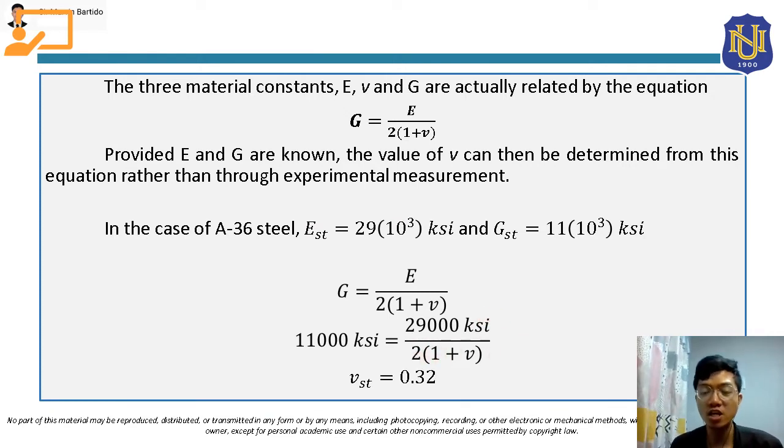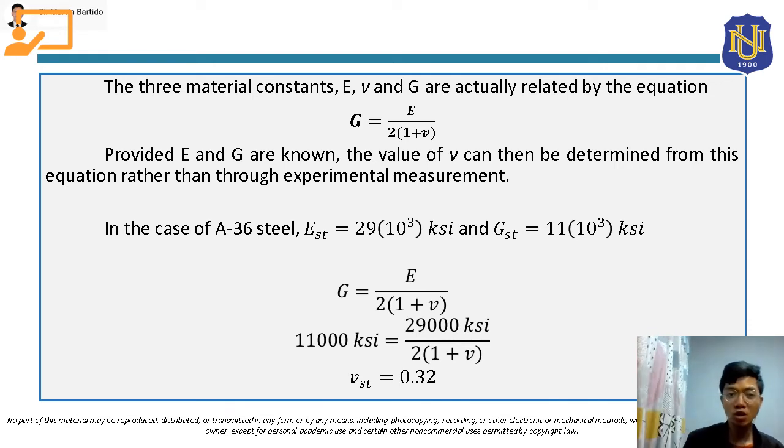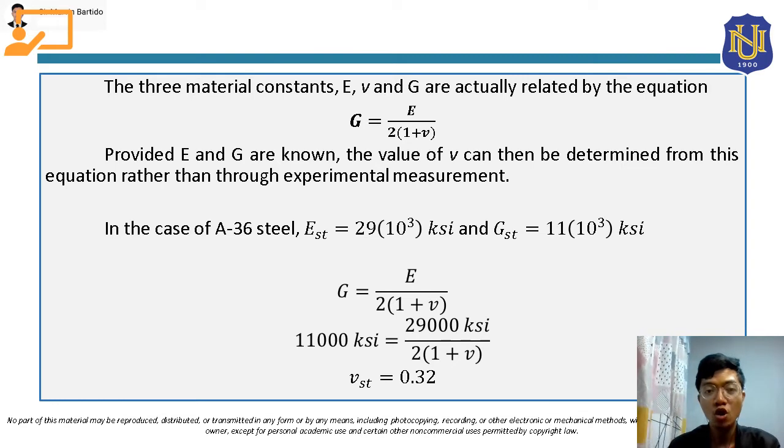Solving for nu, this is actually 0.32. This is the Poisson's ratio for A36 steel, and this is the value that you will also see in the table.